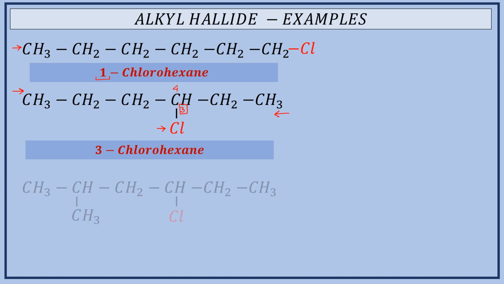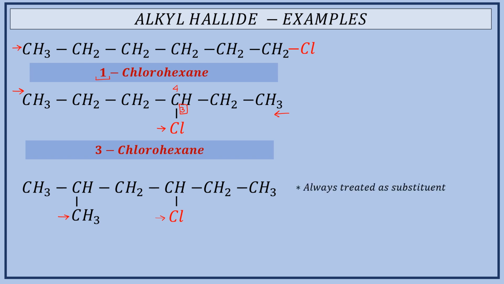Now in our next example, let us introduce another substituent along with the halogen atom. One point we would like to note here is that halogen atoms are also treated as substituents in every case.